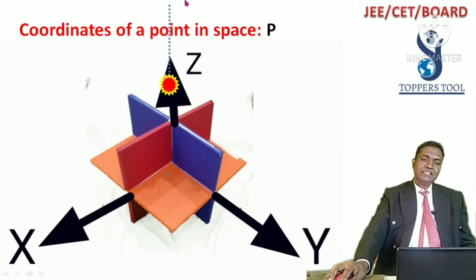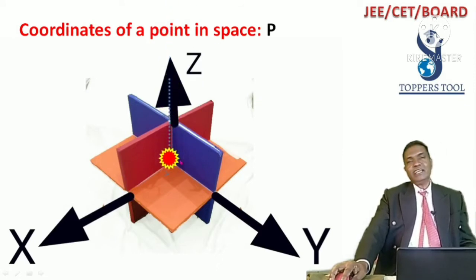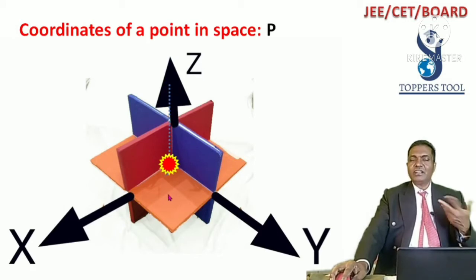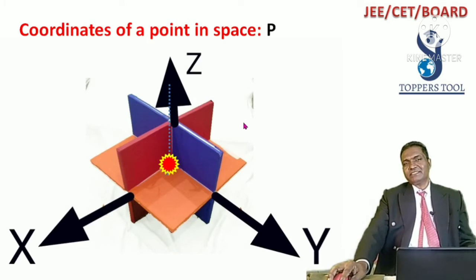Suppose that there is a bulb hanging inside this octant. You can call it a room also. So in this room there is one bulb and we are supposed to represent its position in terms of distances. So how it can be represented is the question.